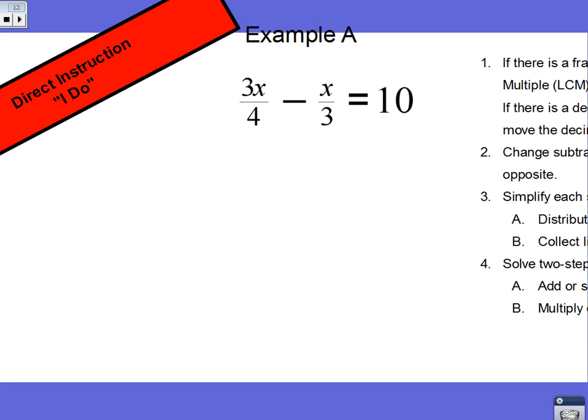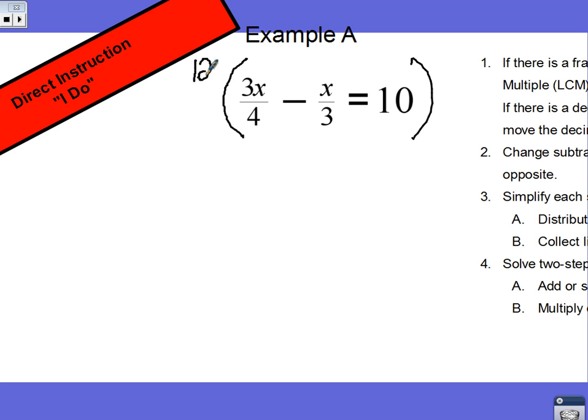Well, instead of making a common denominator, we're going to multiply by the common denominator and get rid of those fractions. So I have to ask myself, what is the first number that 4 and 3 both divide into? Are you thinking? I got 12. It's okay if you use another number as long as they both go into it. You just make your numbers a little bit bigger than you have to.